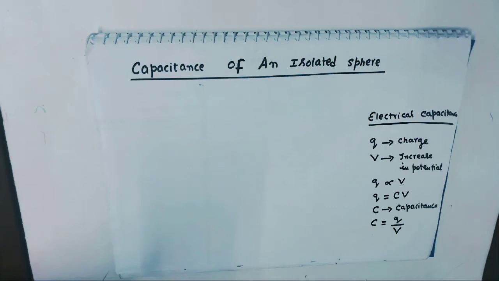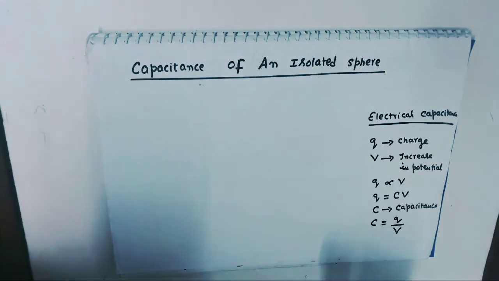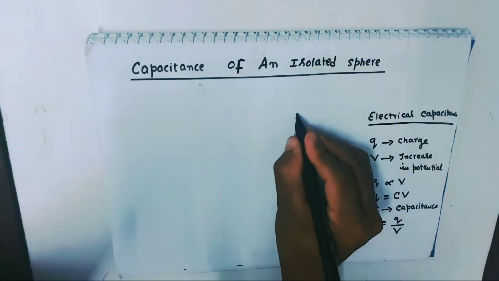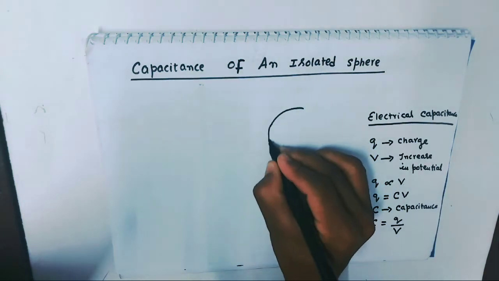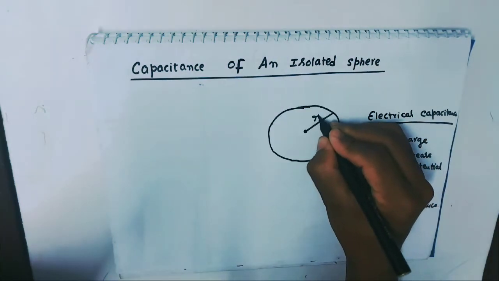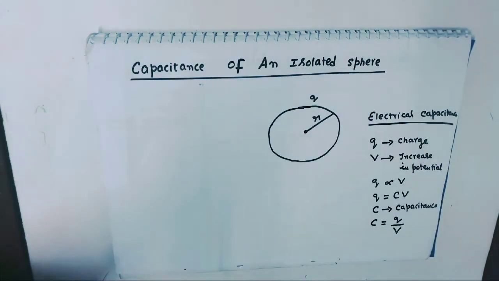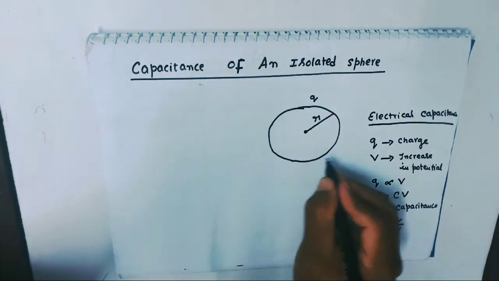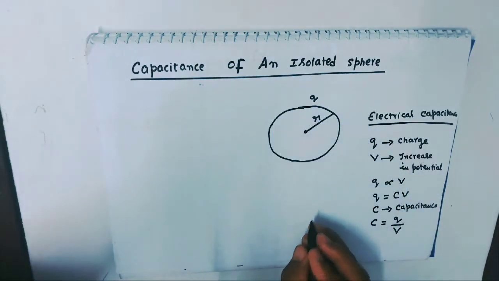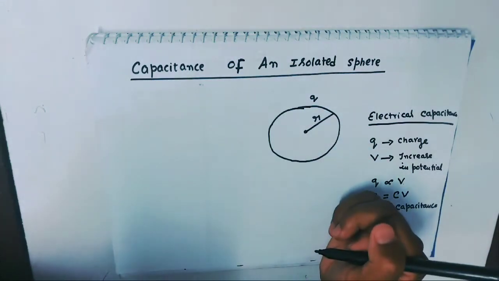Having an idea about capacitance, now we will discuss capacitance of an isolated sphere. Let us consider an isolated spherical conductor of radius R, having a charge Q, situated in vacuum or air.